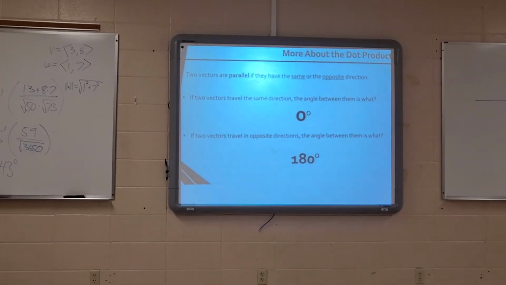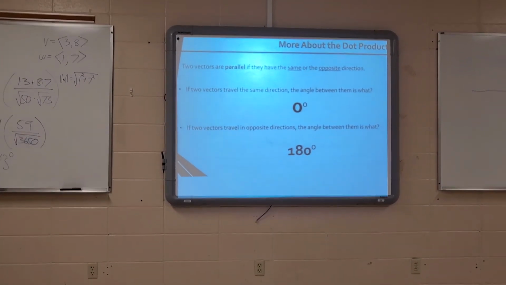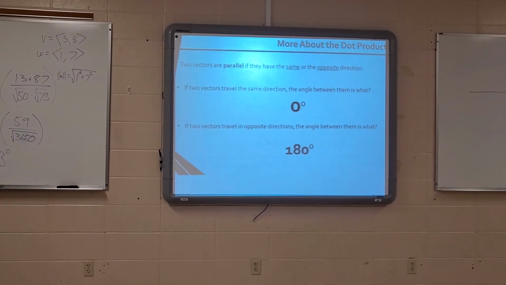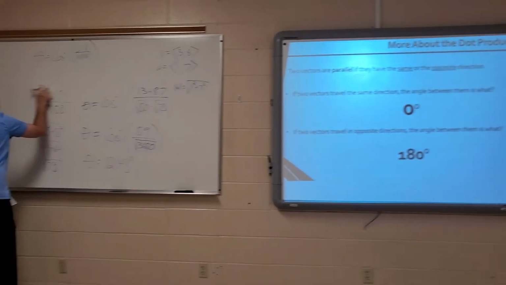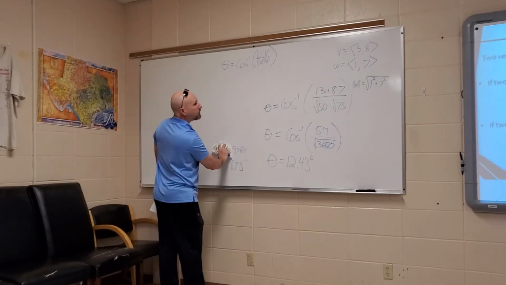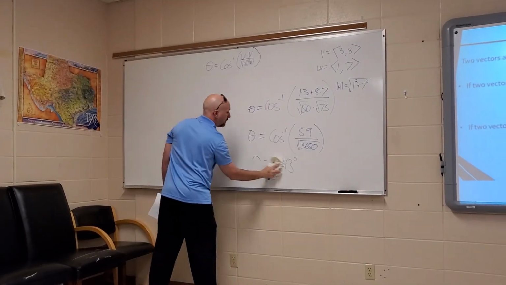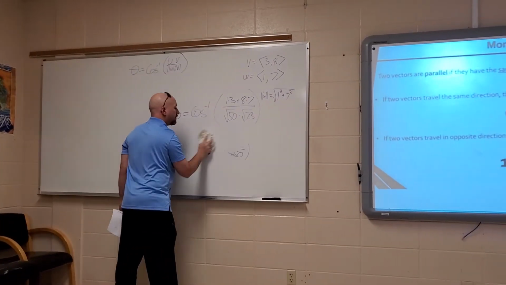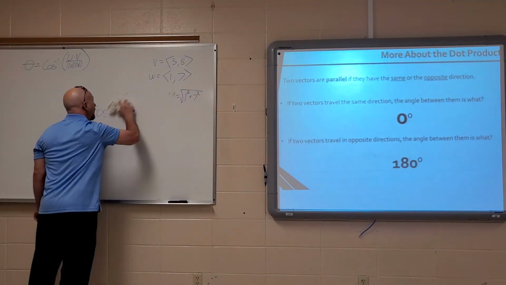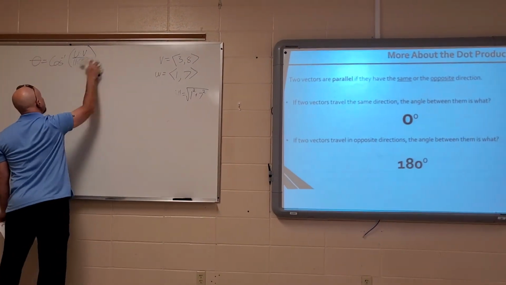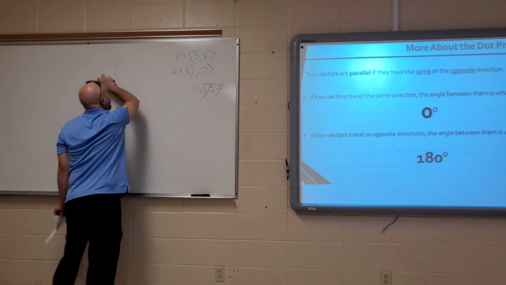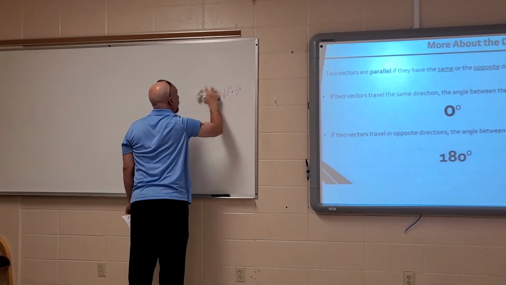So now two vectors are parallel if they have the same or opposite direction. All that's saying, guys, is that you have the same vector and it's going in the same direction.